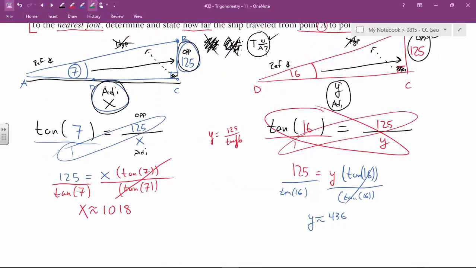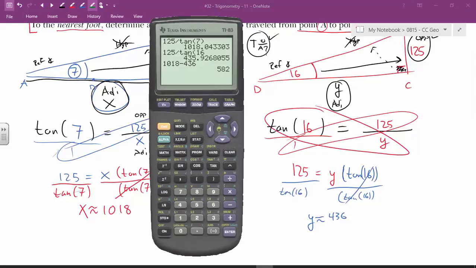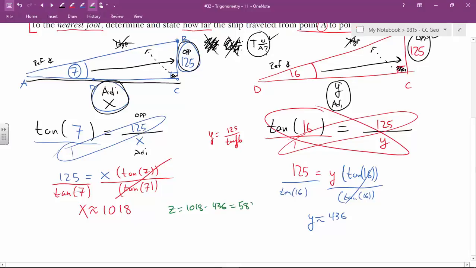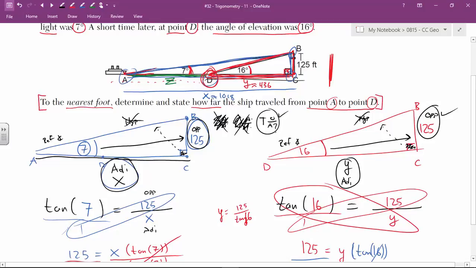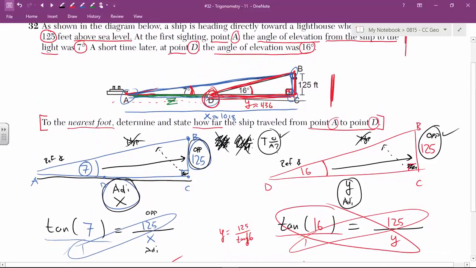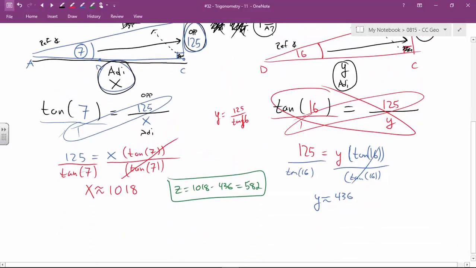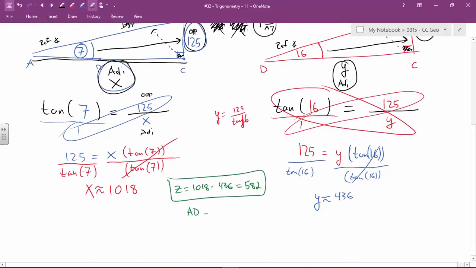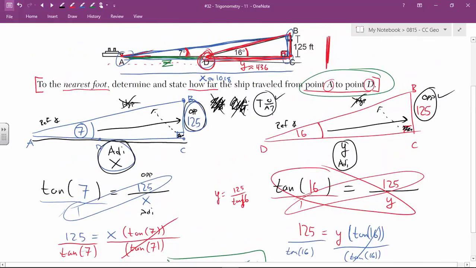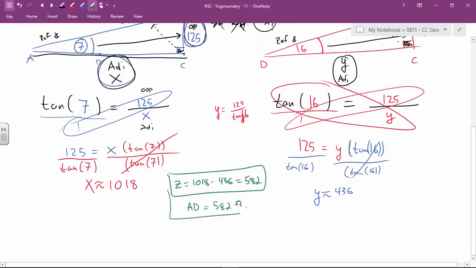You can say Z equals 1018 minus 436, which equals 582, that's it. Boom. And you are good. You just want to be clear. You can say the length of AD equals 582 feet. Awesome.